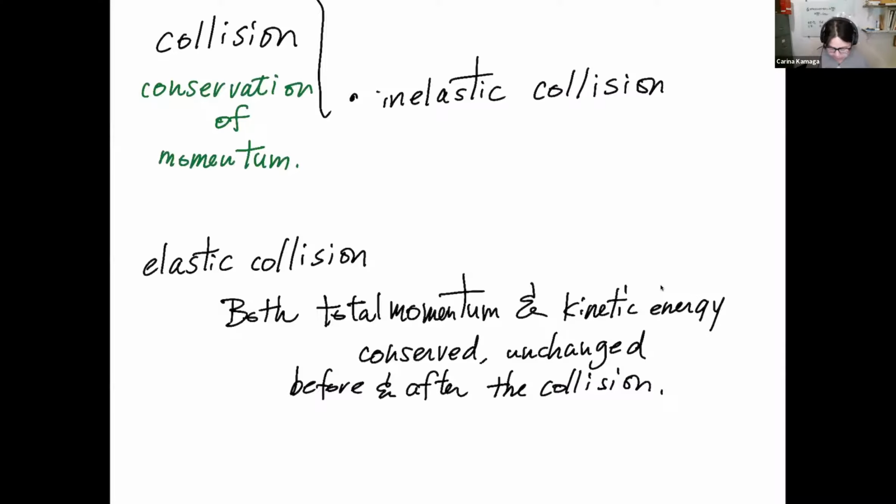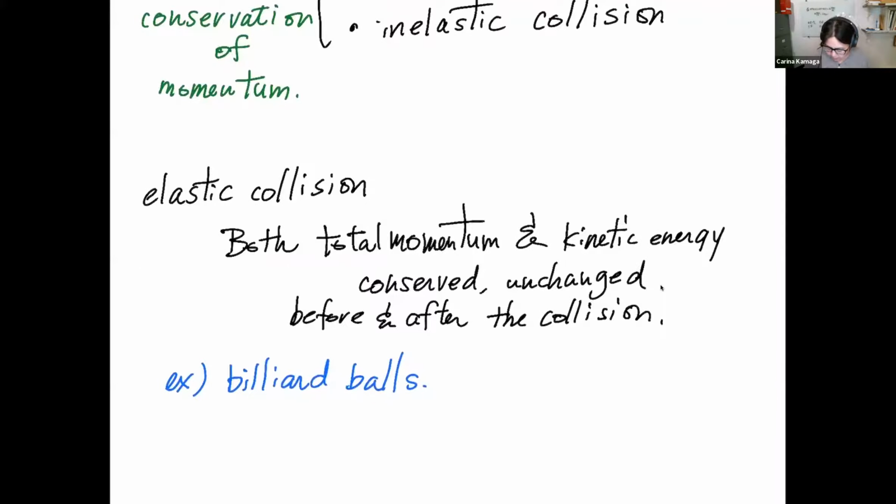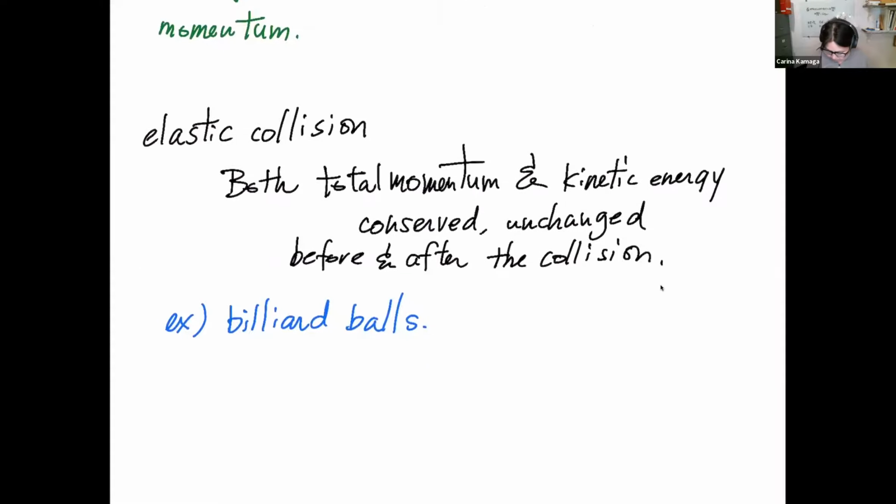What does it mean? A very good example is billiard balls. They come together, make a collision, and then they move. This collision is an elastic collision. You can treat it as an elastic collision.